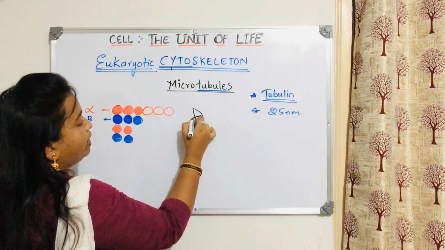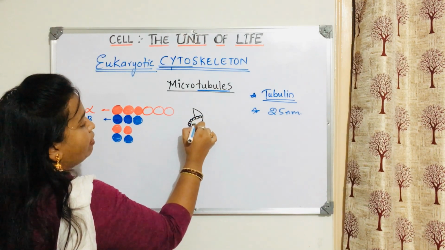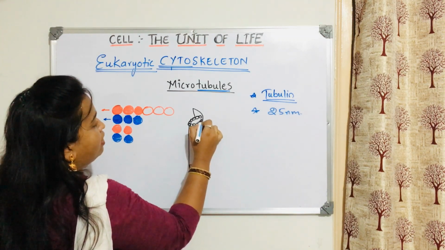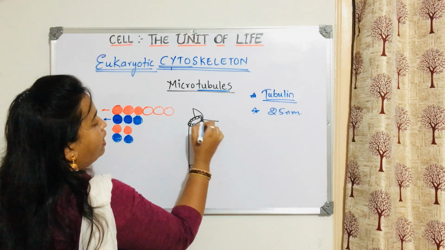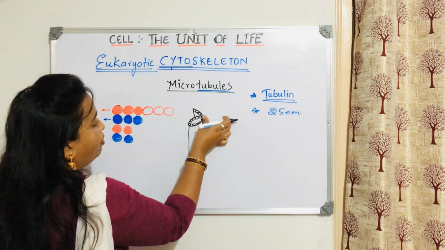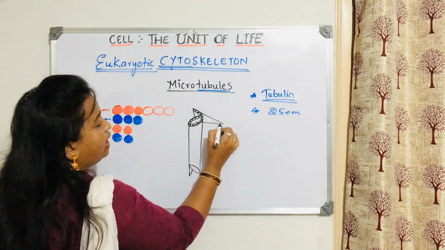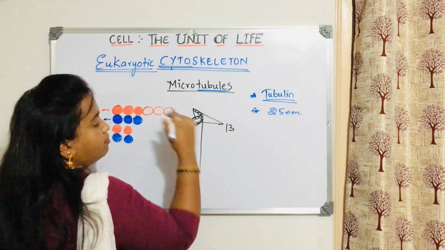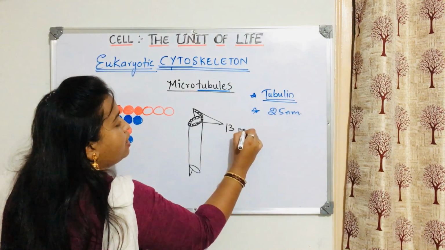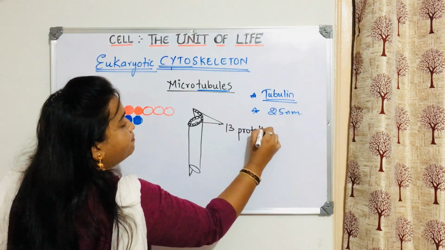Here you will find 1, 2, 3, 4, 5, 6, 7, 8, 9, 10, 11, 12, 13. Anyway, just remember, it will have 13 proteins like that. So they say that it is made up of 13 protofilaments.